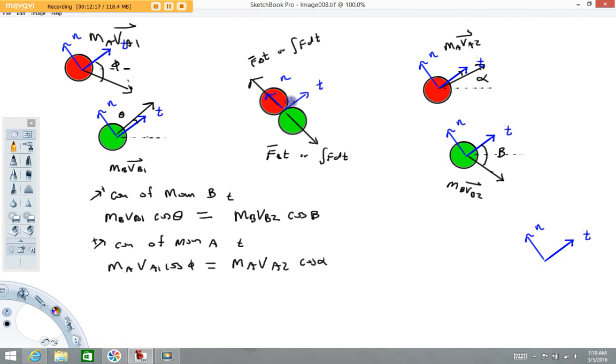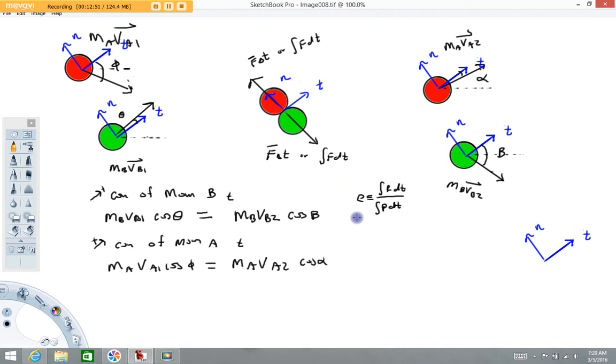However, the normal direction, right, this is an impact. So the normal direction is, for lack of a better way to put it, governed by what's called the coefficient of restitution. So hopefully you've watched my video about coefficient of restitution. Just a quick little reminder. The coefficient of restitution is defined as the ratio of the restoring impulse, I guess I would call it, the integral r dt, over the deforming impulse, integral p dt.